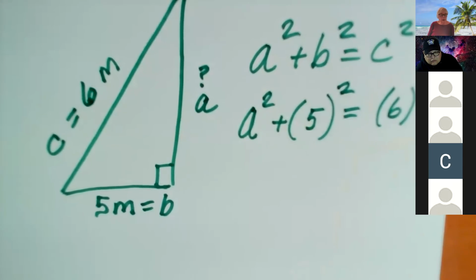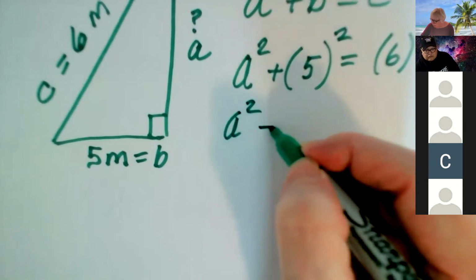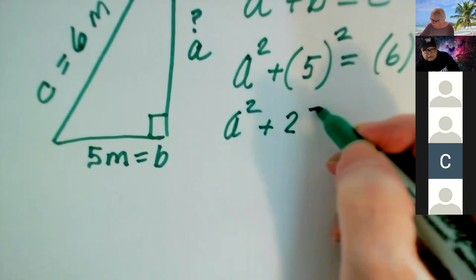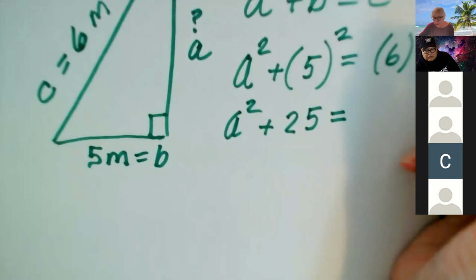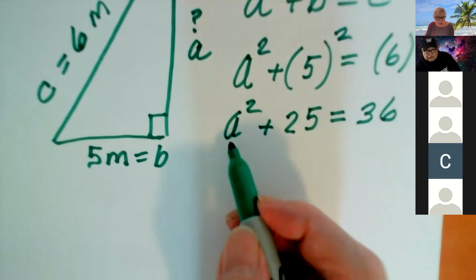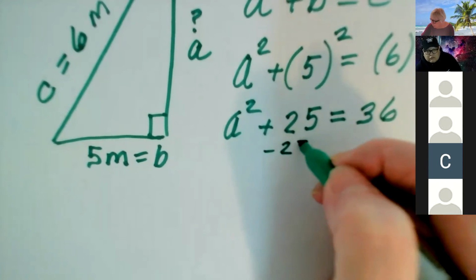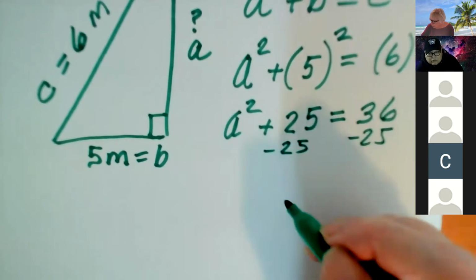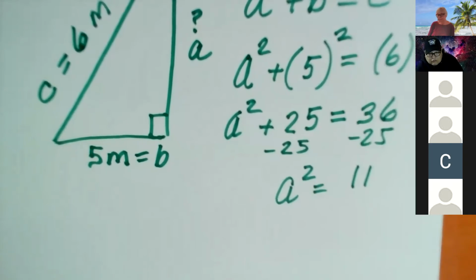Now, I suspect this is not going to come out a whole number, but let's find out. So this would be A squared plus 5 squared, which is 25, equals 6 squared, which is 36. We're trying to find A squared for starters, so I'm going to subtract 25 from each side. This is 11.